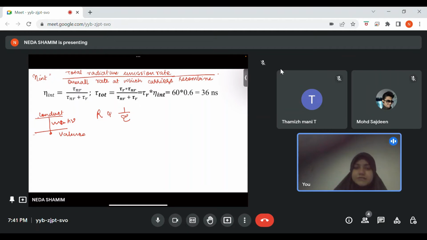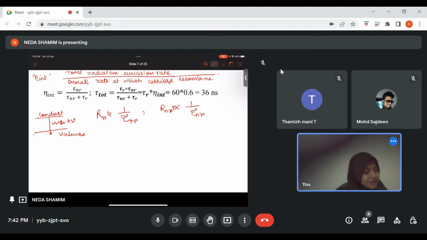The same thing goes for the non-radiative. So this is the radiative emission rate, and for the non-radiative, again, tau nr. I'm messing up with the notations. Tau r.